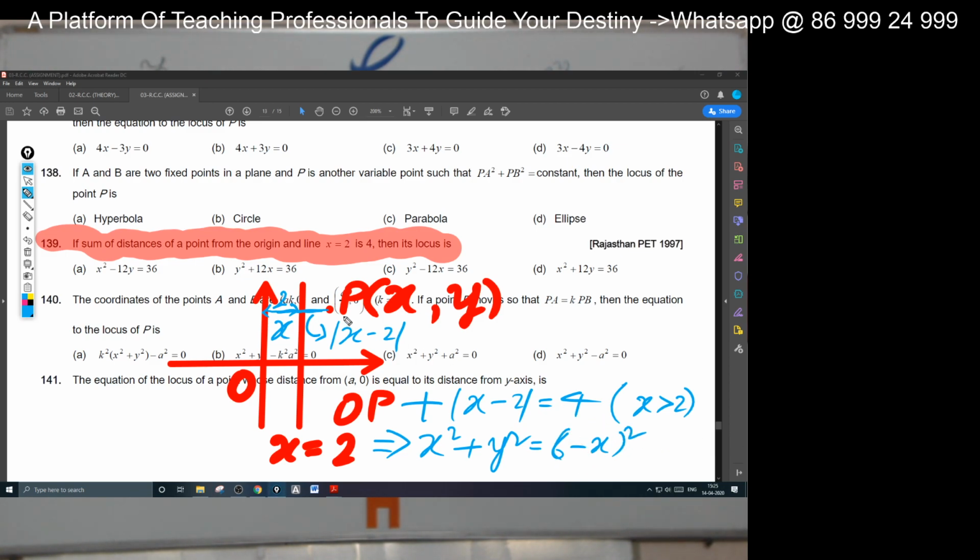Simplify that to get the answer. x square gets cancelled on both sides. y square plus 12x minus 36, so y square plus 12x is equal to 36.